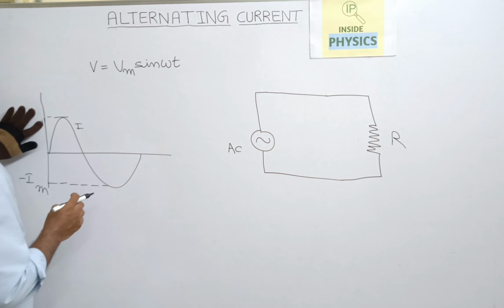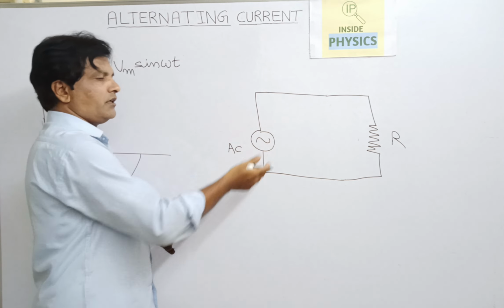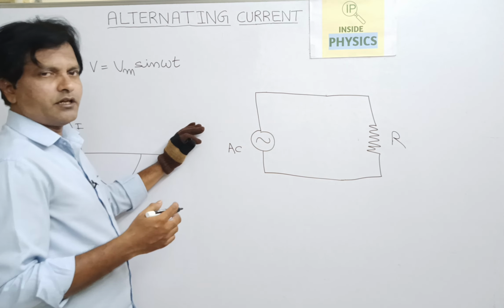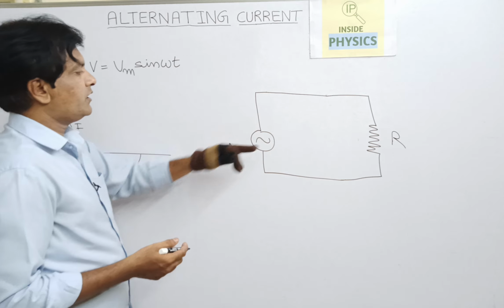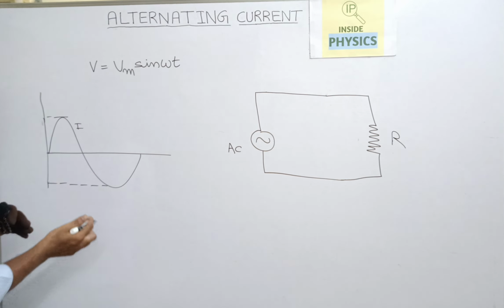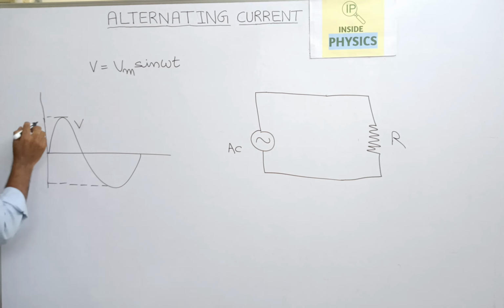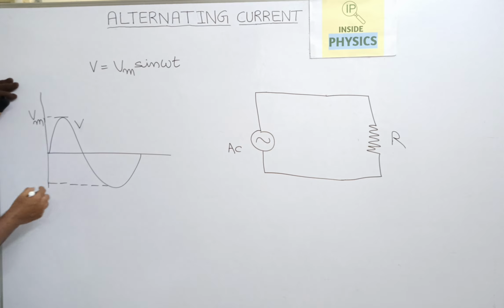In the same way, if you take the voltage potential difference, actually the source will first give the alternating voltage. The voltage potential difference will produce the current in the circuit. So if you take this as a voltage curve, this also has some maximum. This is the amplitude of the voltage on both sides, and this is minus Vm.